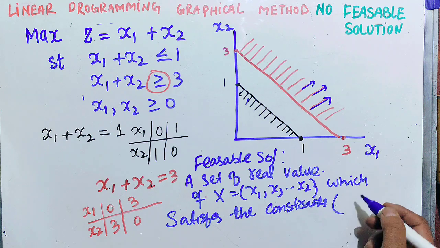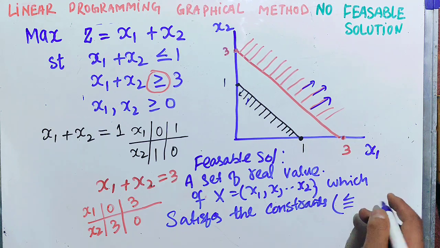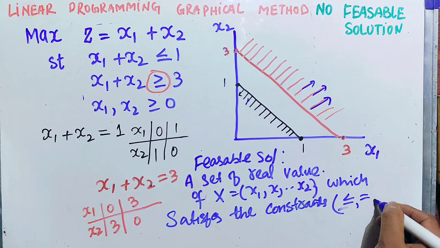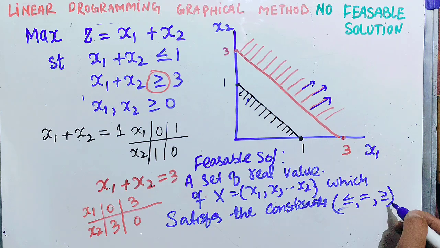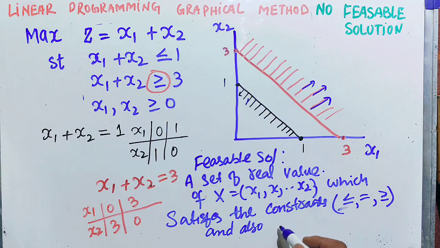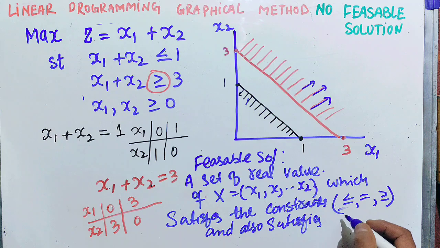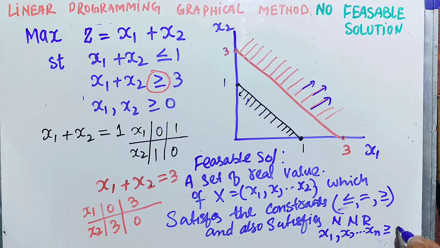Constraints can be less or equal to, or equal to, or greater or equal to, and also satisfies non-negative restrictions, that is x1, x2 and so on up to xn should be greater or equal to 0. Okay, so in this case we don't get any feasible solution.